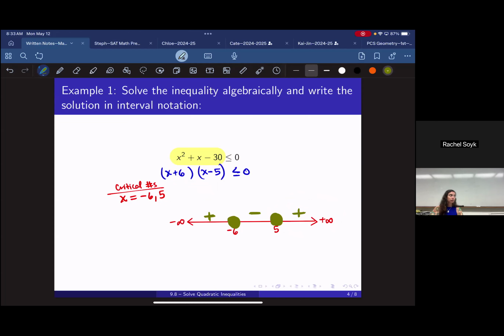Almost done. We're at our last step. Now we want to figure out, okay, this quadratic, what are the solutions when we're looking at it being less than or equal to 0, aka when our values are negative or 0.